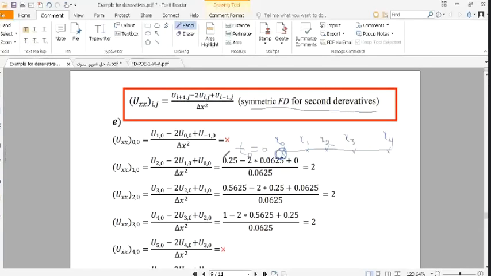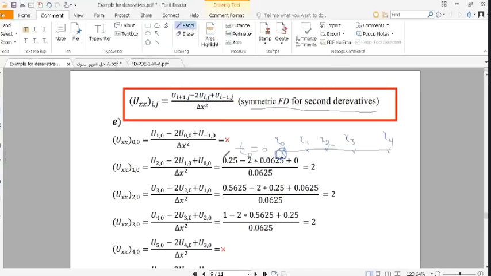When we are using symmetric finite difference, we should use 3 points: the previous point, the same point, and the next point. For x0, we do not have the previous point because x0 is the first point.